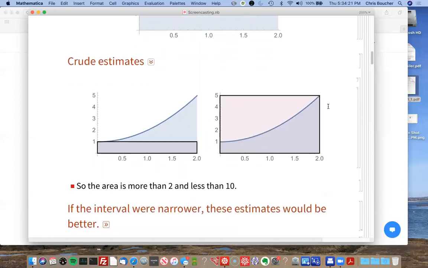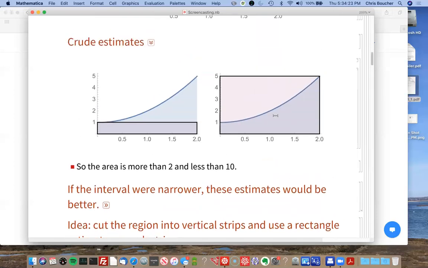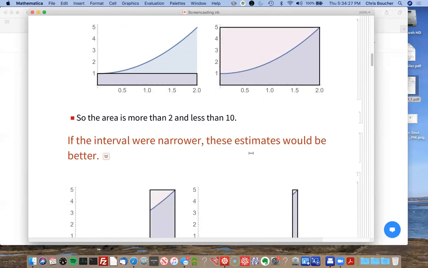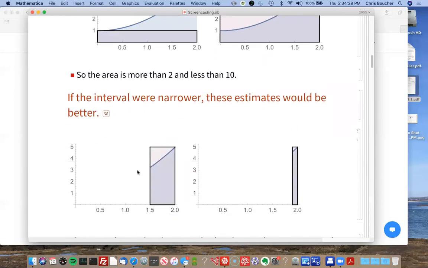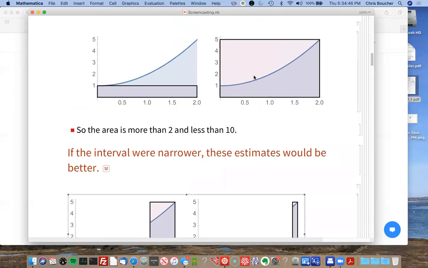However, a key observation here is that if the interval were narrower, we wouldn't be off by as much. For example, suppose that instead of going from 0 to 2, the interval just went from 1.5 to 2. Here's a picture of what the put-a-box-around-it approximation looks like. It's still too big, it's still off, but it doesn't look as bad as it does up here.